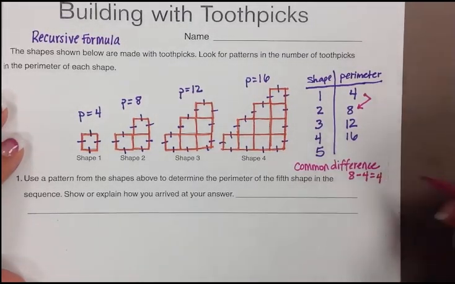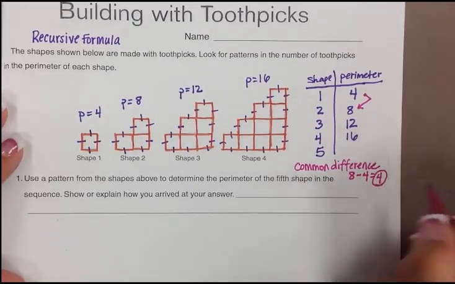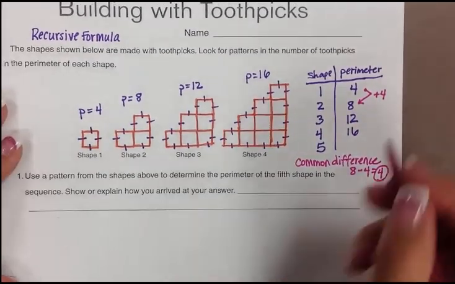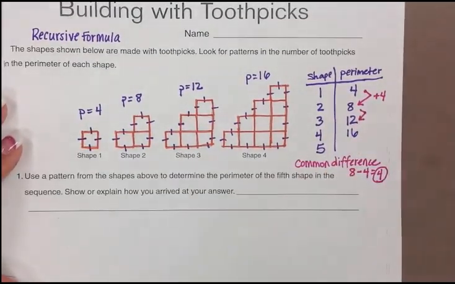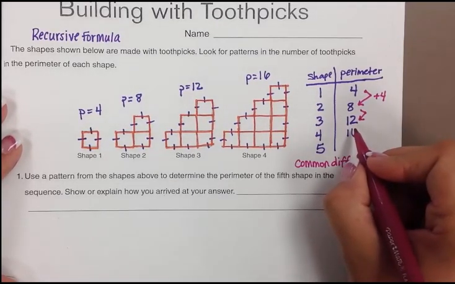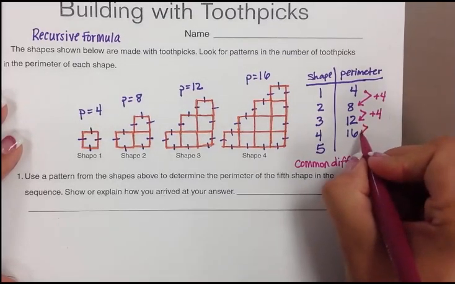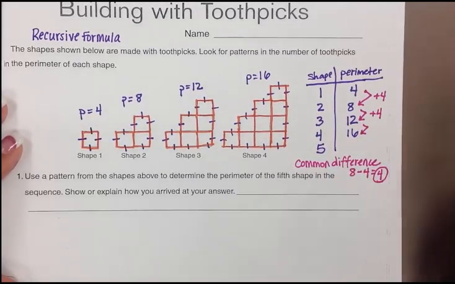So in that case, we get 4. So to get from 4 to 8, we're adding 4. We can check for each of the next ones as well. So for this one, we can take 12 minus 8, and again, we will get 4. And for the last one, 16 minus 12, we are going to get 4. So this tells us that our common difference is 4.